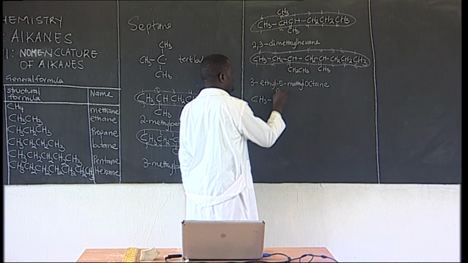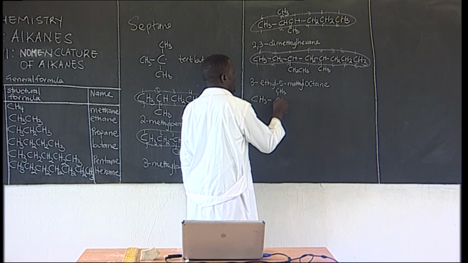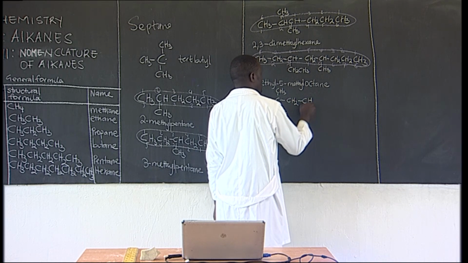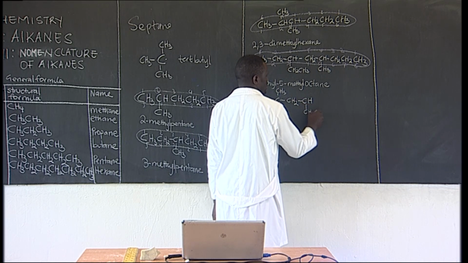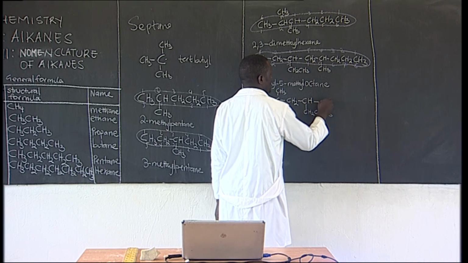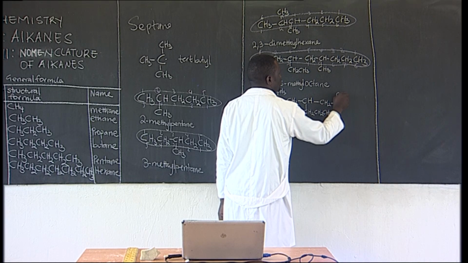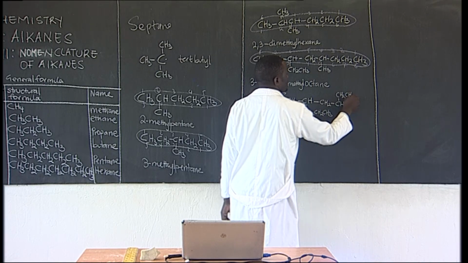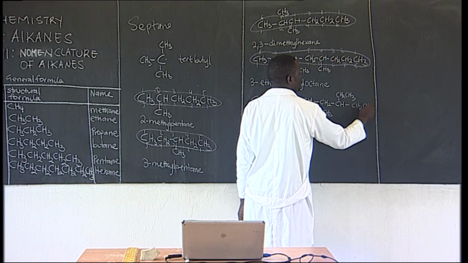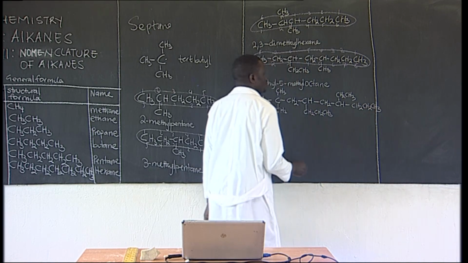Like for example, if I have these 3 here, and I have CH2, CH, CH2, CH2, CH3, CH2, CH2, CH3. I can also have CH2, CH2, and CH3. Sorry for that.